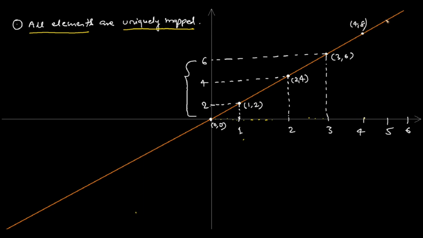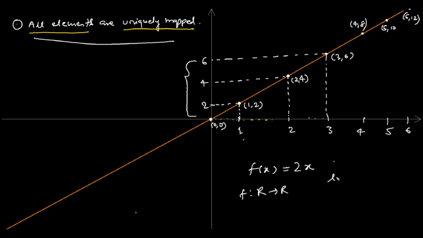For 5 you get a unique output, that is 5 comma 10. So for every element we have a unique output, all elements are uniquely mapped. So f of x is equal to 2x, where f is from R to R, is a function.